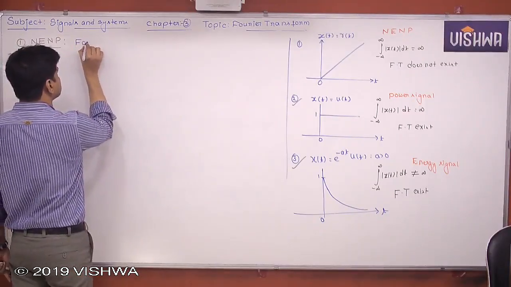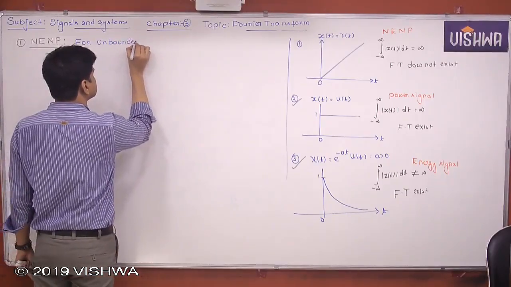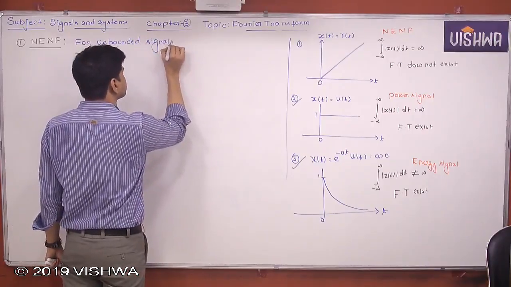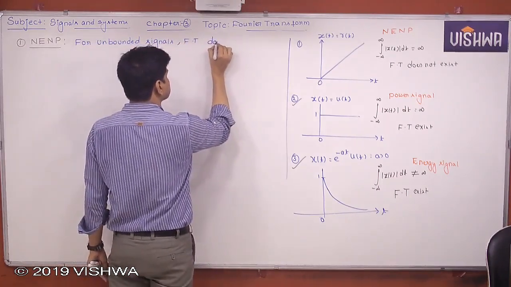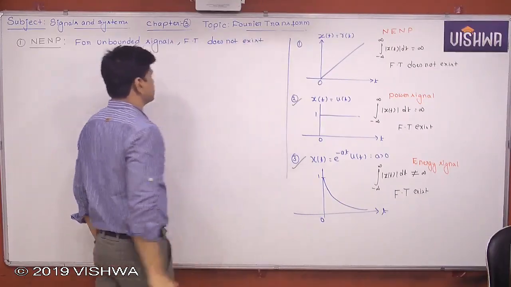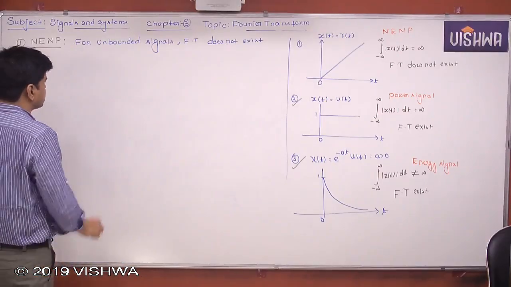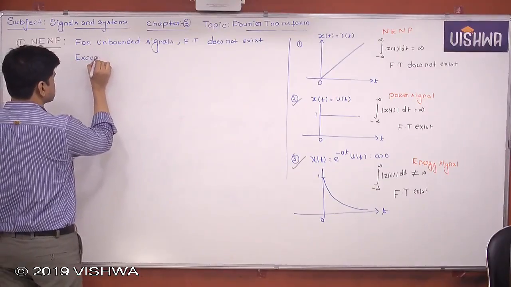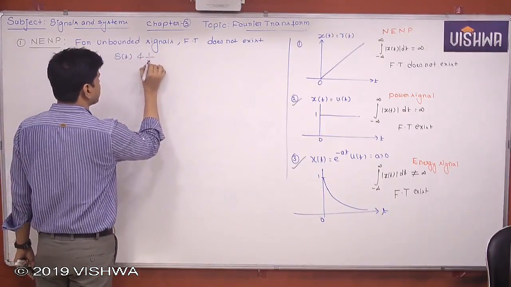For unbounded signals, the Fourier transform does not exist, except delta t and 1 by t.